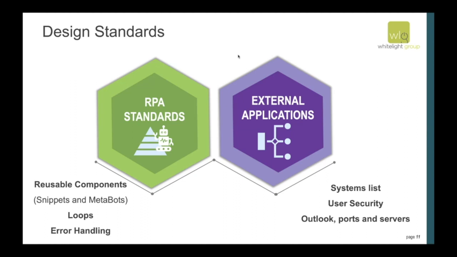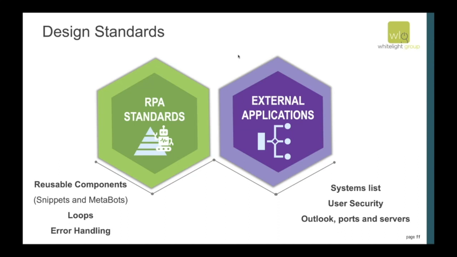We talk about user security and systems lists. So any system that it's accessing, whether it's your ERP environment, your CRM, or any external ticketing systems that it's going to be creating tickets in based on any issues or scenarios, you're going to need to have a separate user for each one of those. So you don't just use your user ID or password.